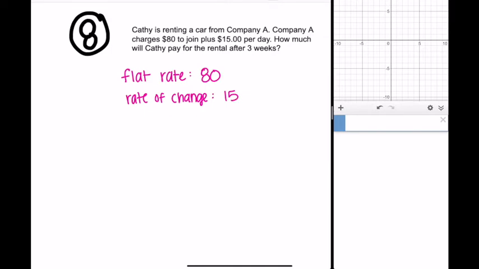So how would this translate into some sort of equation that we can use to find how much the cost would be after 3 weeks? Well, it's important to know the rate of change was 15, but that was $15 per day. And we want to know what is the total cost after 3 weeks.